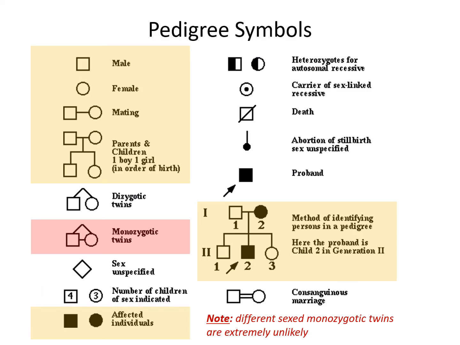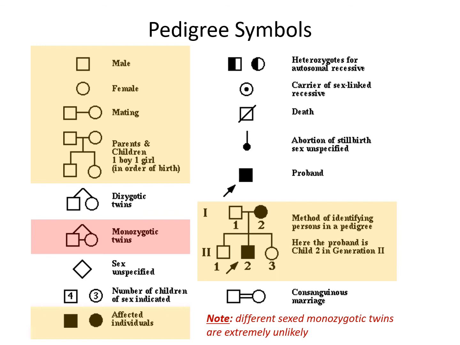So the symbols here. Again, a square is a male, a circle is a female, a line between them, that's a mating, and then if we've got lines coming off of that leading to other squares and circles, those are the outcomes of that mating. So we have a boy and a girl here being born to mother and father.